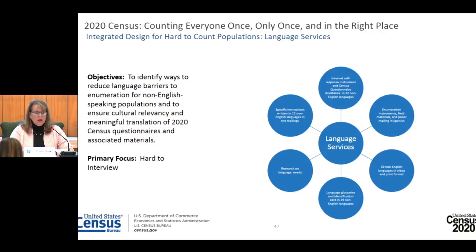And we will have 59 non-English languages in video and print format, as well as language glossaries and language identification cards in the same 59 non-English languages. Research on language needs has informed a 2020 Census operational design that optimizes non-English content of questionnaires and associated non-questionnaire materials across data collection modes and operations.